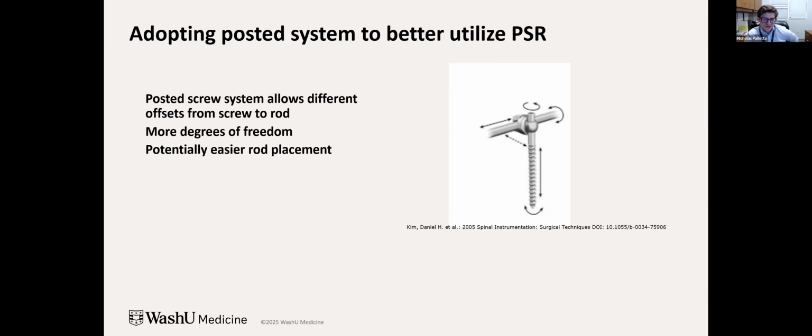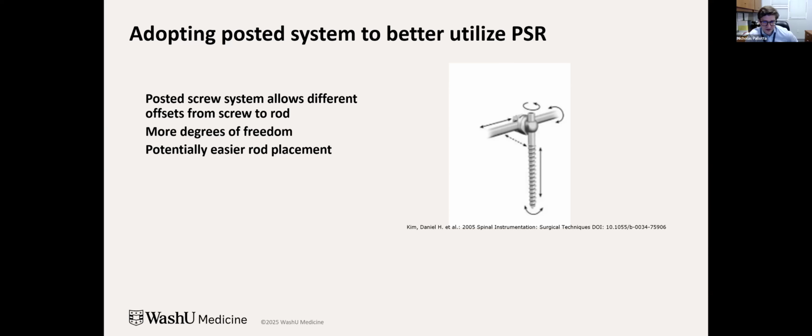And so the posted system, as you can see on the right, and these are not new. This is a 20-year-old textbook, which shows the TSRH system. But it allows different offsets from the screw to the rod and allows a little bit more degree of freedom to potentially ease rod placement.